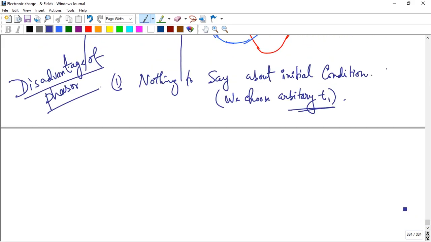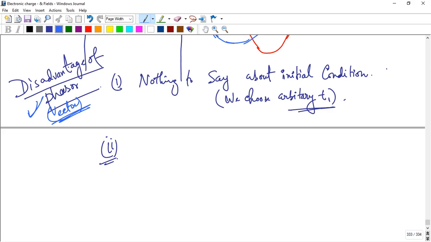Next, disadvantage number 2. When you try to draw different phasors, keep in mind a phasor means a vector. Drawing different phasors which show the relative angle between them gives a steady state solution.